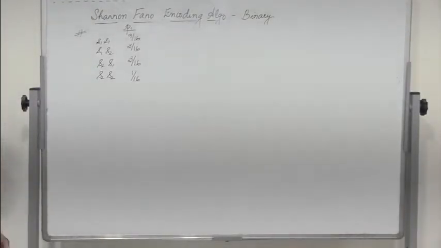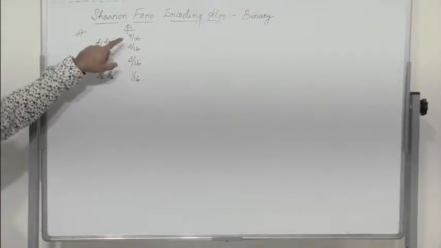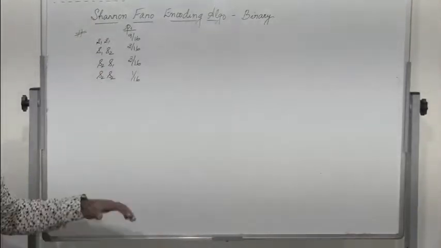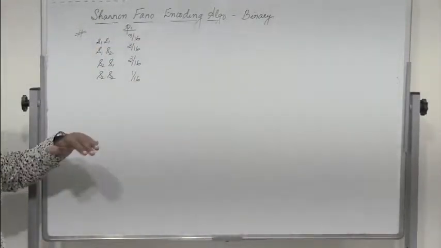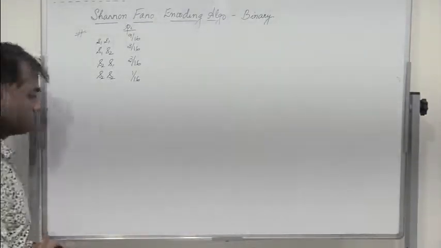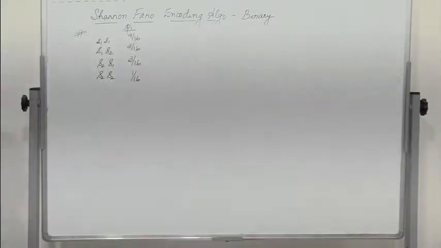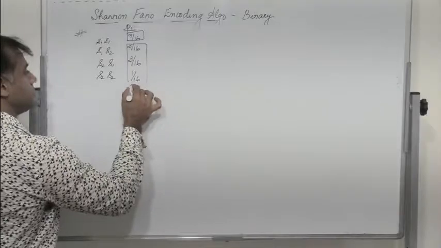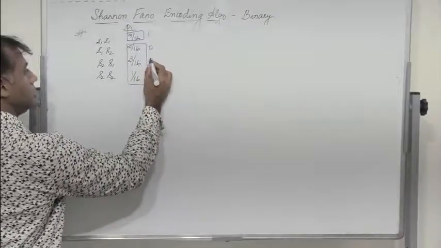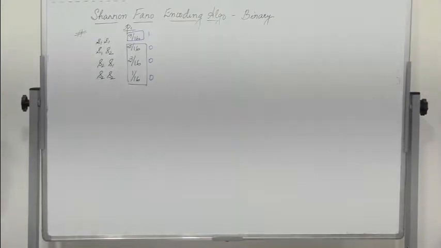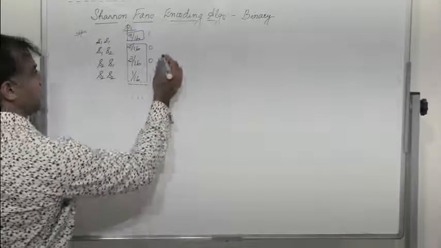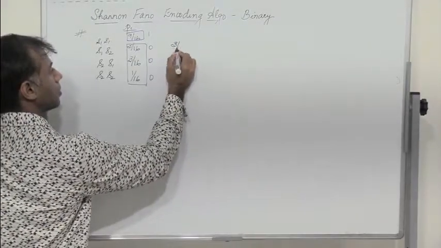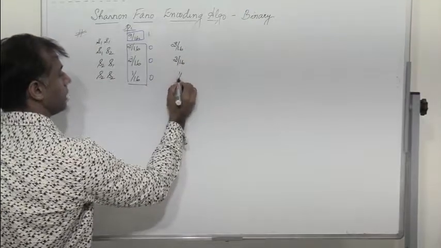Now again, when we sum up all the probabilities, it should be equal to 1. When you add up the numerators, 9 plus 3 plus 3 plus 1, you get 16 by 16, which is 1. So the sum of all the probabilities is definitely equal to 1. Now follow the same procedure. Divide the probabilities into two nearly equal halves, and assign 1 and 0 to the groups. Again divide the remaining into two nearly equal halves: 3 by 16, 3 by 16 and 1 by 16.